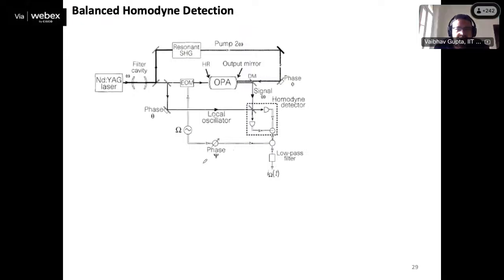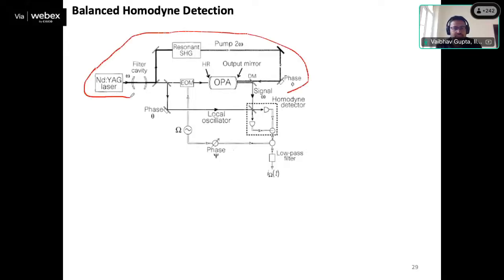So how do people do it in real life? Let's say there is some Nd:YAG laser, then there is some fiber cavity. So first, create squeezed light. Whatever part is here, this part is used to create squeezed light.